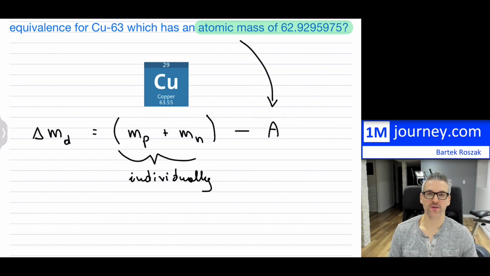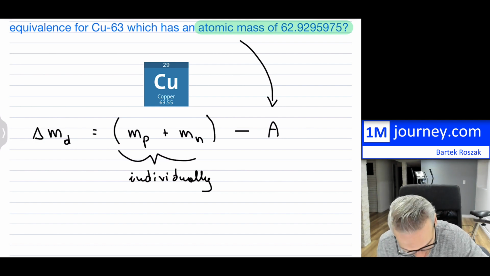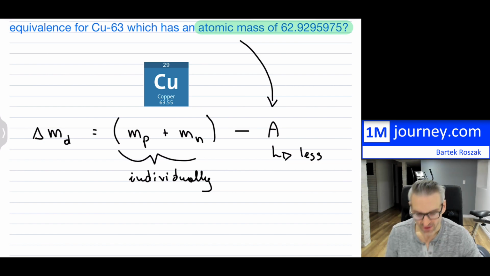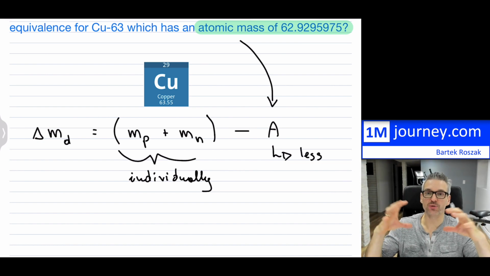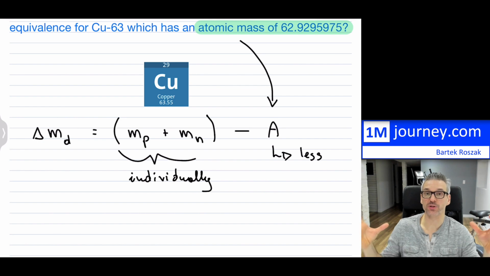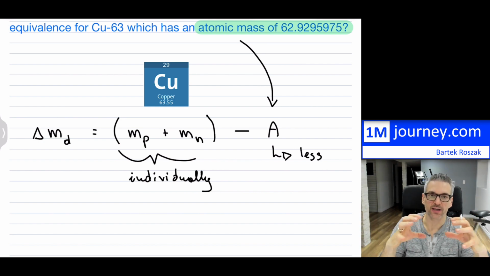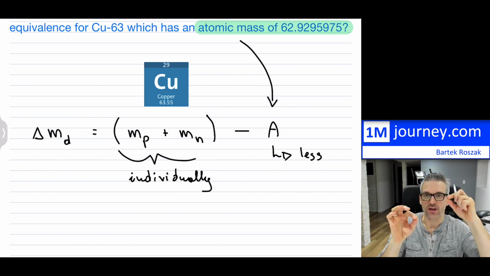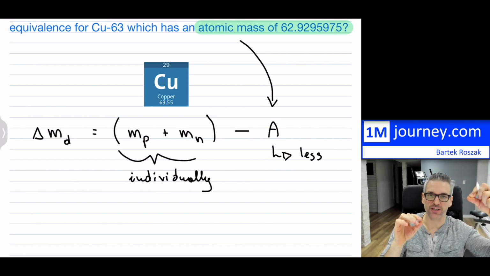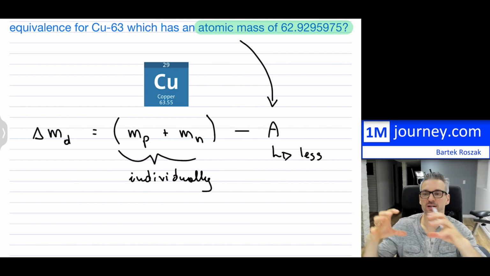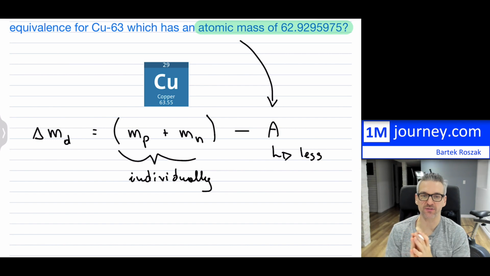And you'll see that this is indeed less than the actual components individually, because when you bring them all together and bind them, there is binding energy which causes this mass defect.